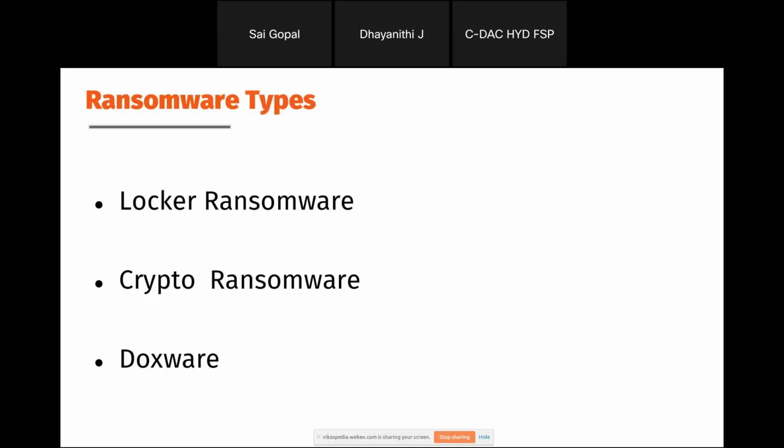Every file system has a master file table, which contains an entry for each file and directory. Once the system is infected, it will try to encrypt the master file table along with the complete hard disk. So recovering the data if it is infected with Petya is much harder.